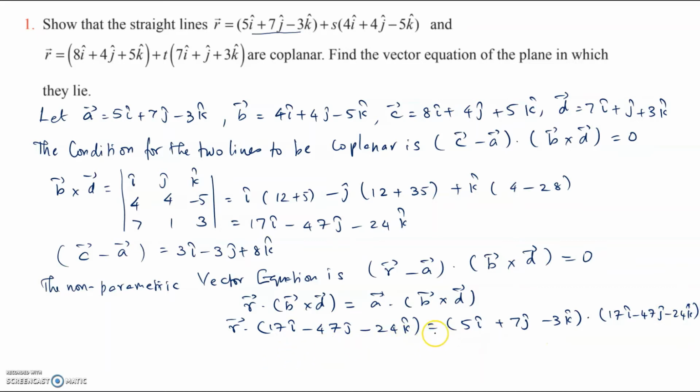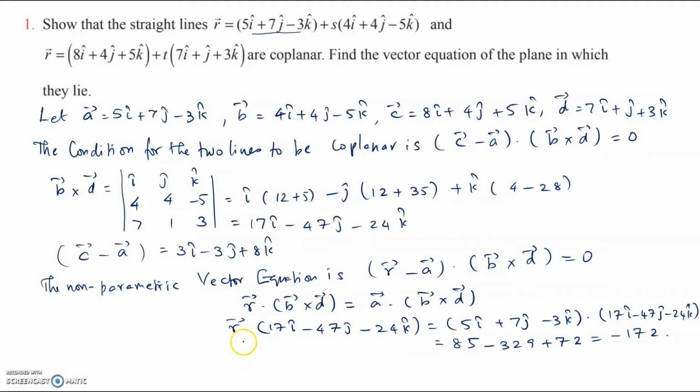Further simplifying the right hand side, this will be 85 minus 329 plus 72, which is equal to minus 172.